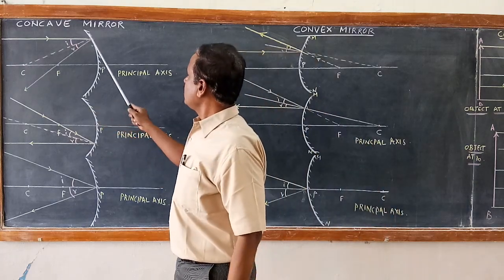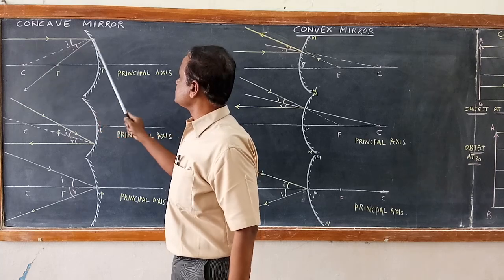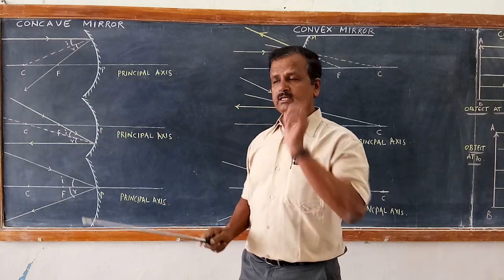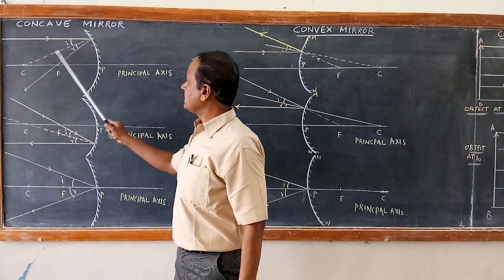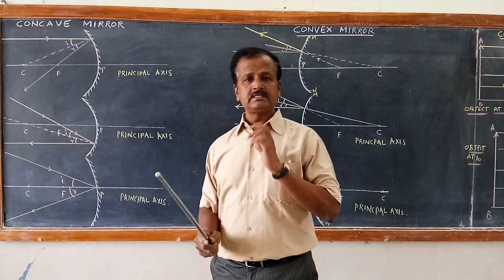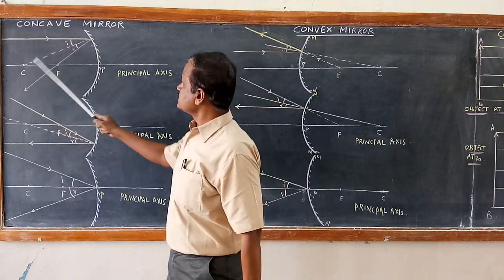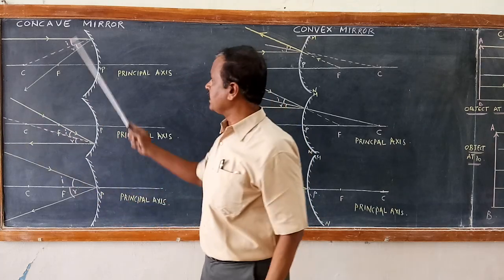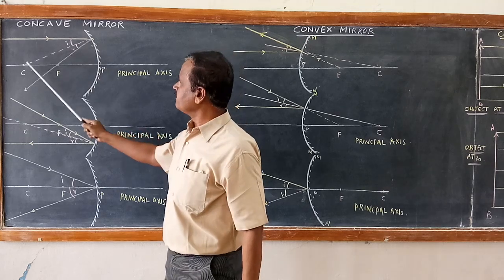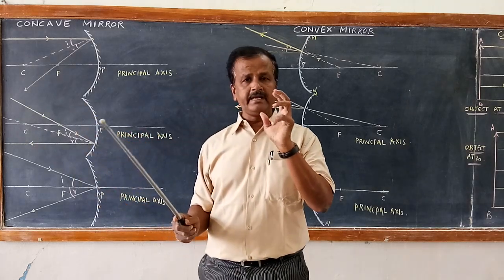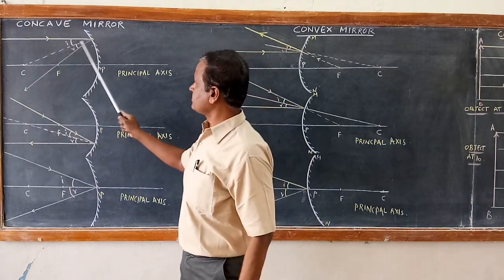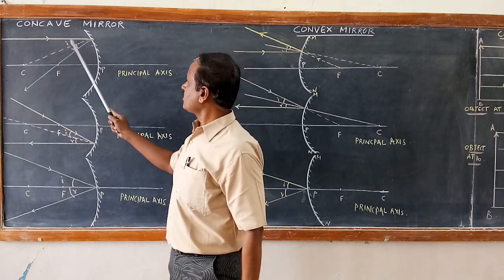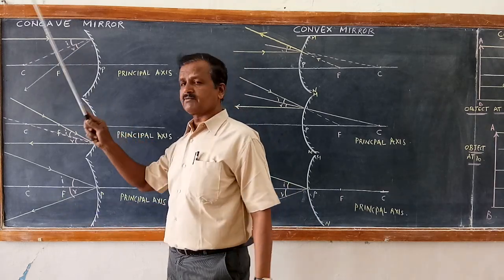When you draw the normal at the point of incidence, the normal exactly passes through the center, because the normal drawn at any point on the curvature of the mirror becomes the radius of curvature. So the radius of curvature always passes through the center. Therefore, the normal passes through the center of curvature.